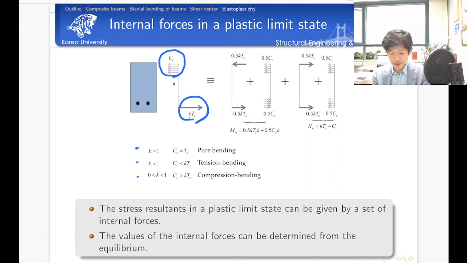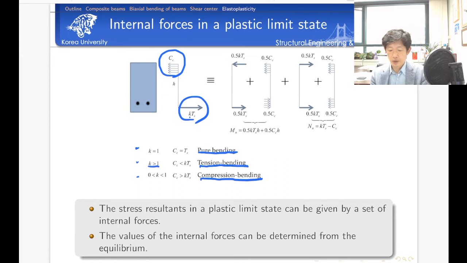If the coefficient K is equal to 1, then the compressive force is equal to the tensile force. This is called the pure bending situation. If K is greater than 1, because tensile force is greater than compressive force, this is a tension governing bending problem. If the coefficient is less than 1 and greater than 0, this is the compression governing bending problem.